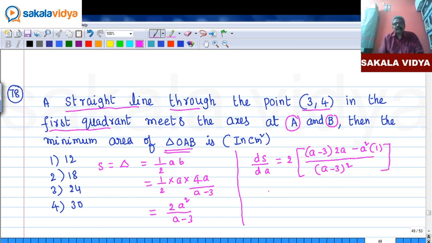So this equals 2 times (2A square minus 6A minus A square) upon A minus 3 whole square. Understood now?